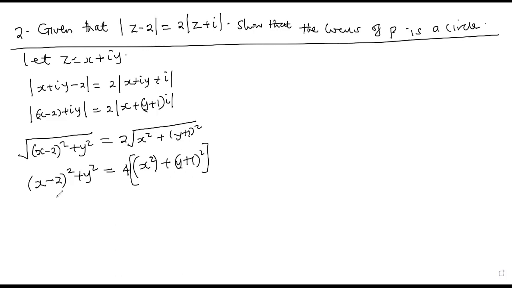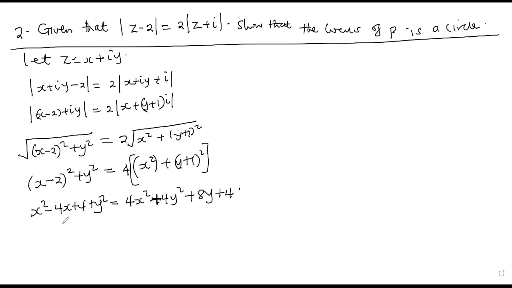So looking at this, here we shall have x squared minus 4x plus 4 plus y squared is equal to 4x squared, then this one also, first square this, then multiply by 4, it will be plus 4y squared plus 8y, because it will be 2y times 4, 8y, then plus 4.